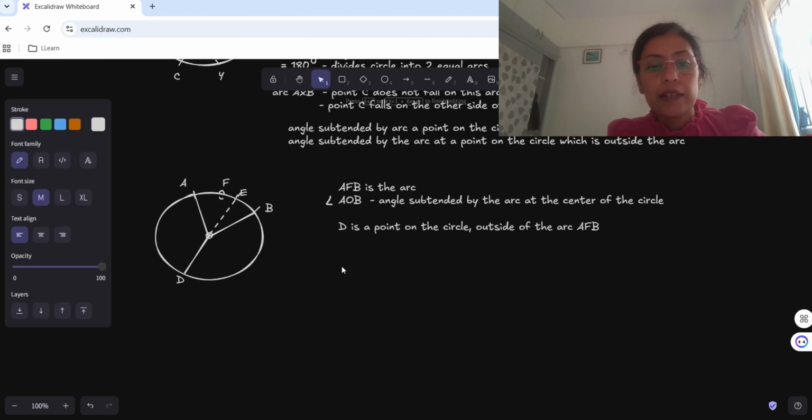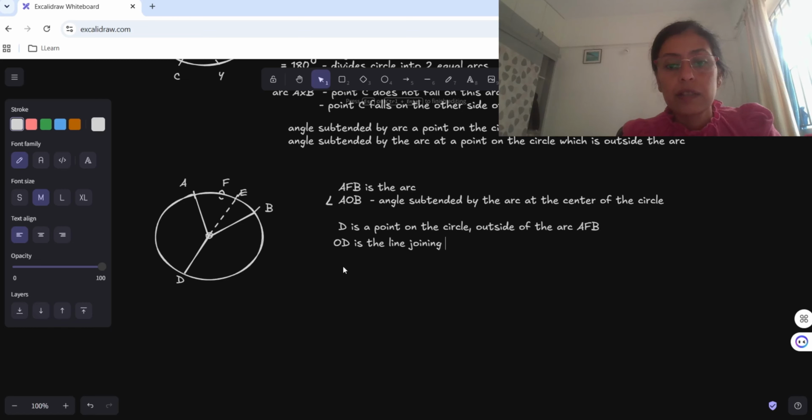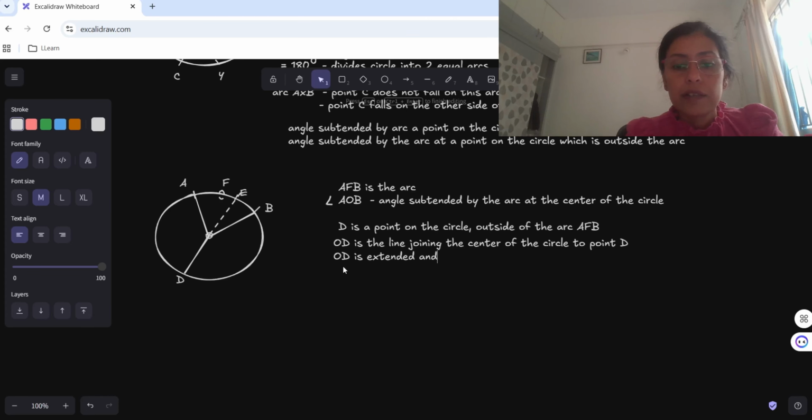The line OD is the line joining the center of the circle to point D. OD is extended and it intersects the circle at E. Okay. Now these all are given.